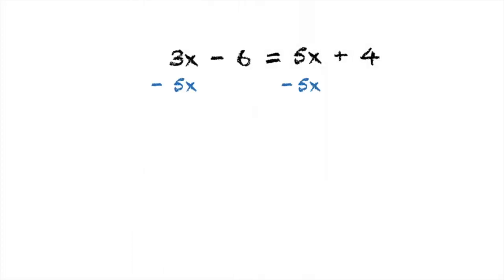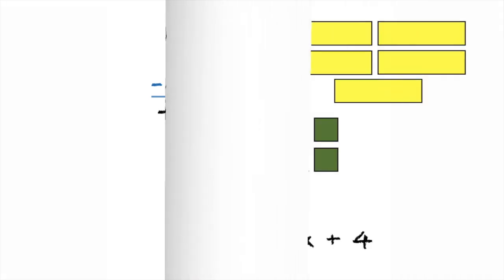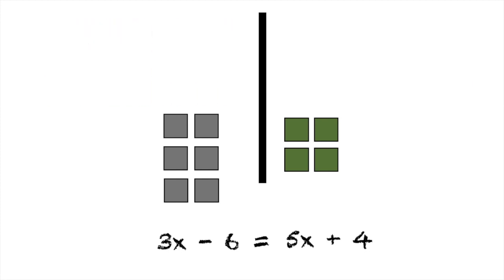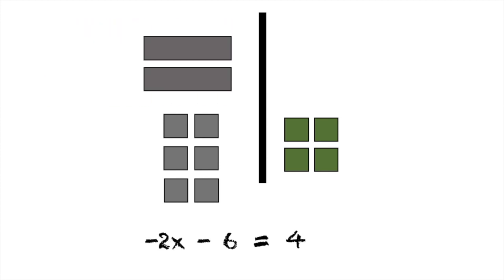So we have negative 5x gives us negative 2x minus 6 is equal to 4. With our materials, now we are left with negative 2x minus 6 is equal to 4 when we took away the x pieces in our right.